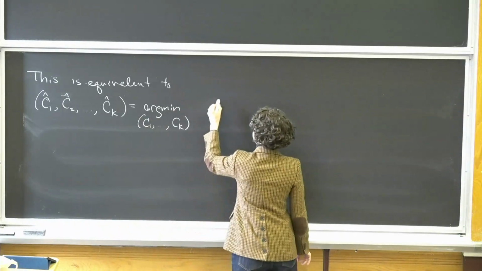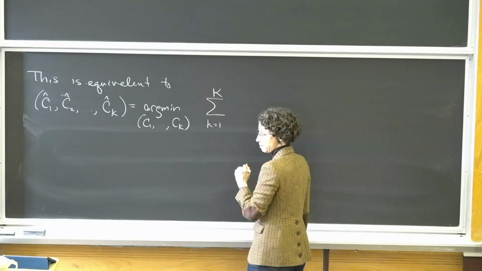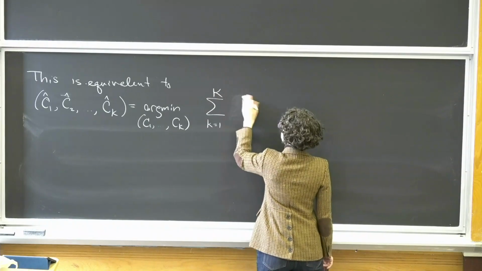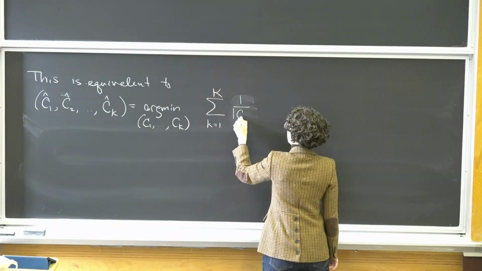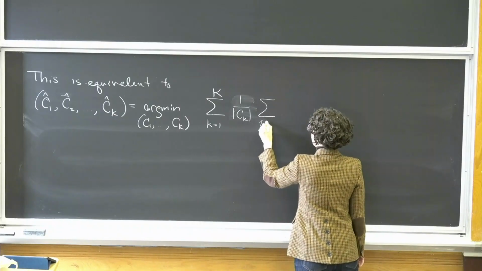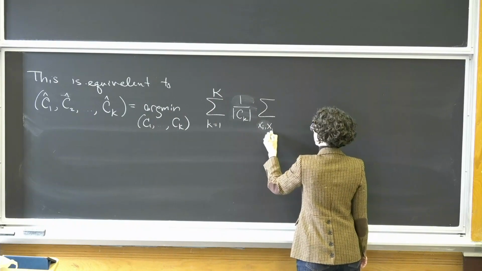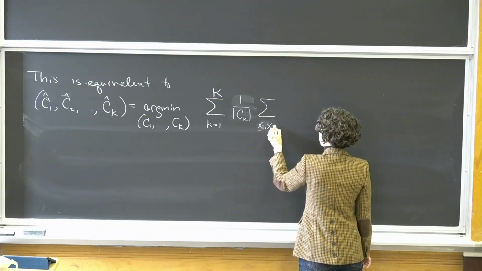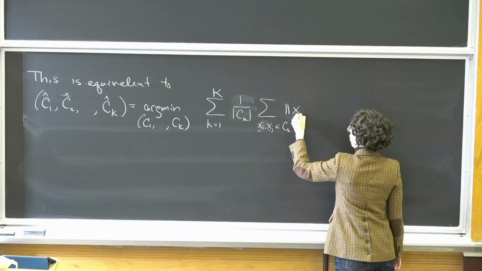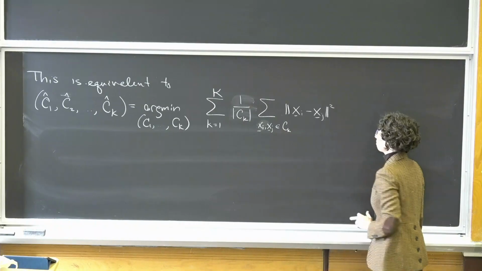So in particular, I would have the sum from k equals 1 to capital K, and we've got the size of each cluster, and then the sum over all the points xi and xj that are both inside cluster K, and then I'm looking at how close xi and xj are to one another, squared.